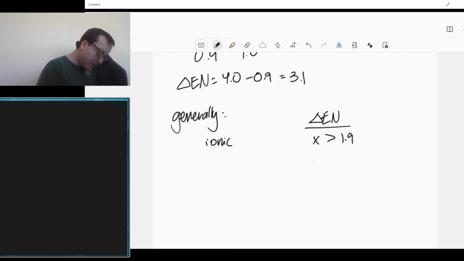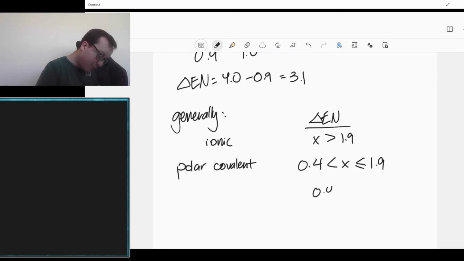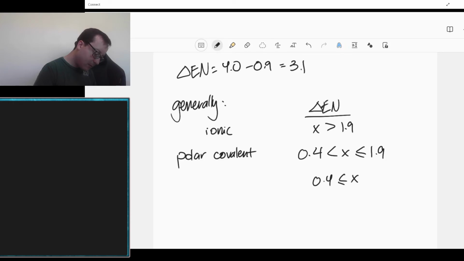If you're between 0.4 and 1.9, including 1.9, that is a polar covalent bond. And if you're 0.4 or less, I'm sorry, I said it the other way. If you are less than 0.4, then you are just non-polar.